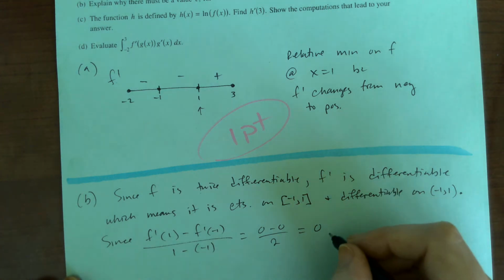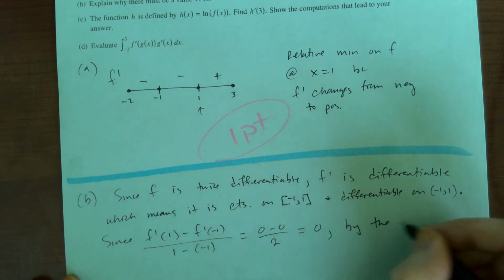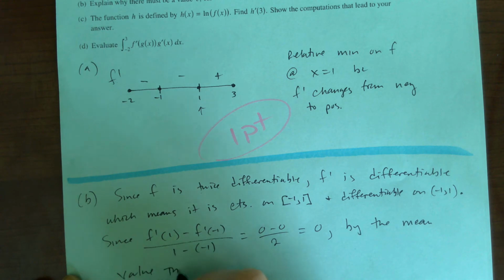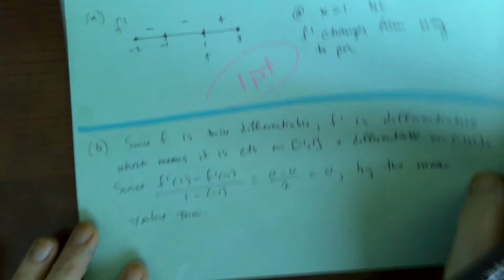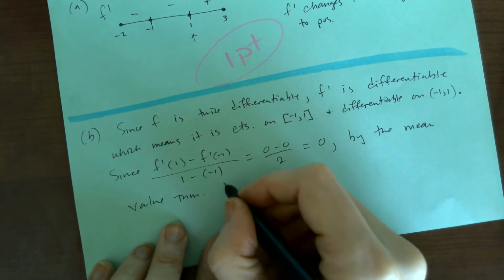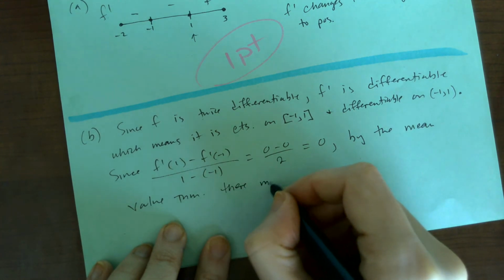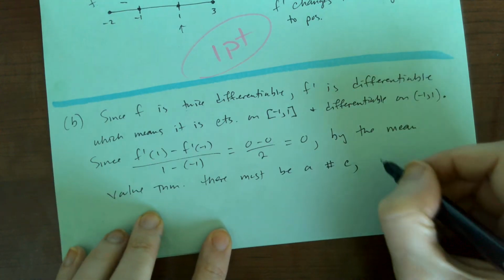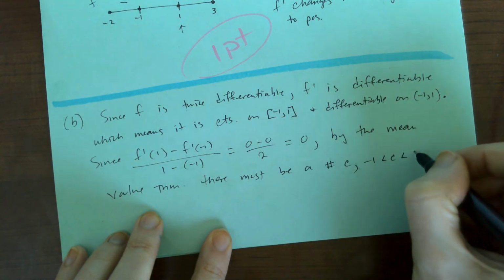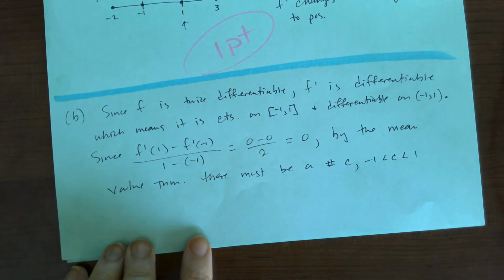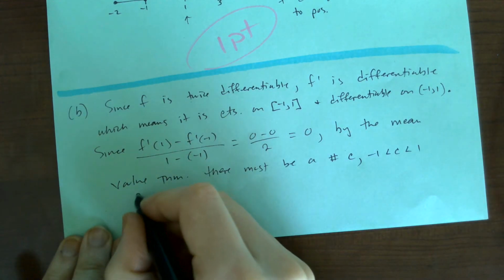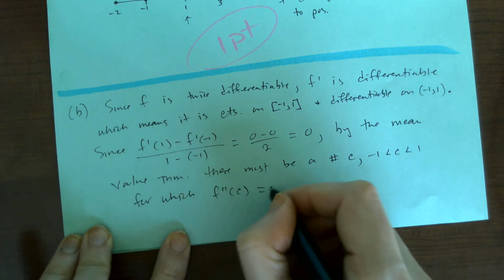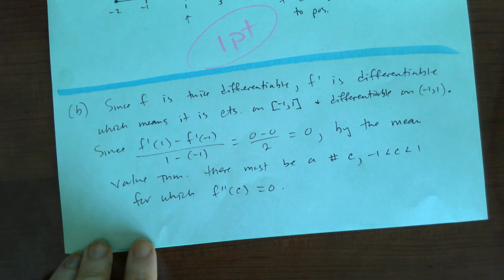Okay, so since that, by the mean value theorem, there must be a number c, between negative 1 and 1, for which f double prime of c equals 0, all right?